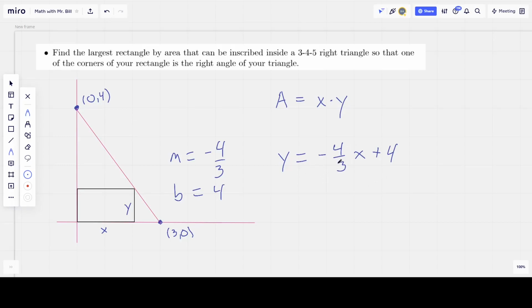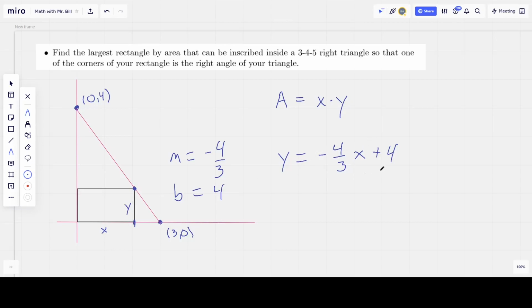Now that y value describes where this point is going to be, depending on whatever x I plug into it. So the width of my rectangle, if I plug it into my line, is going to give me my height.